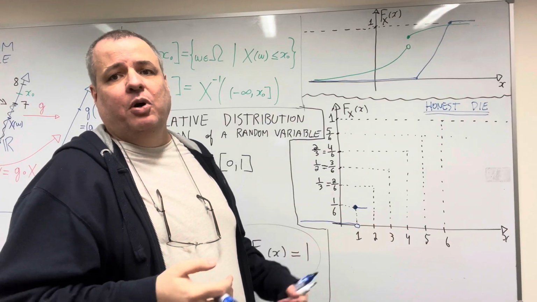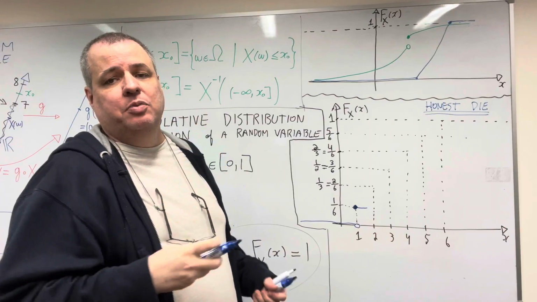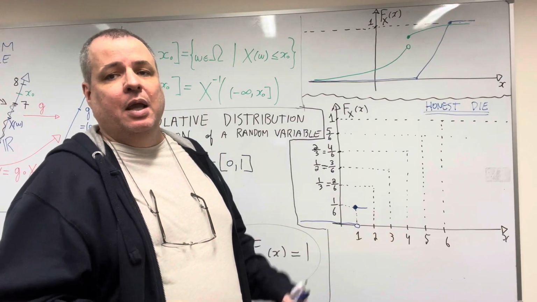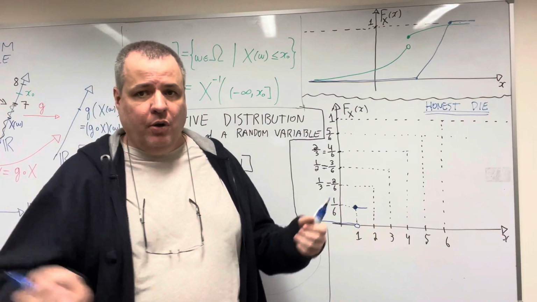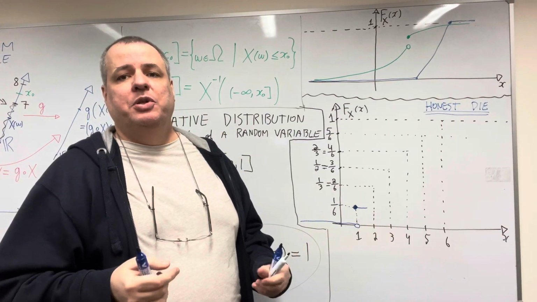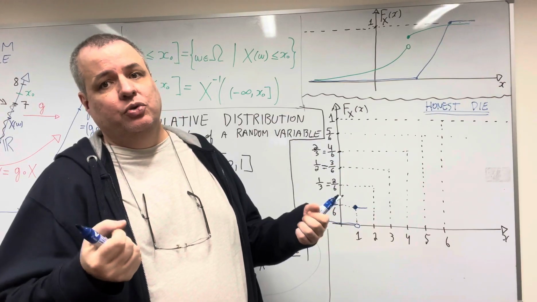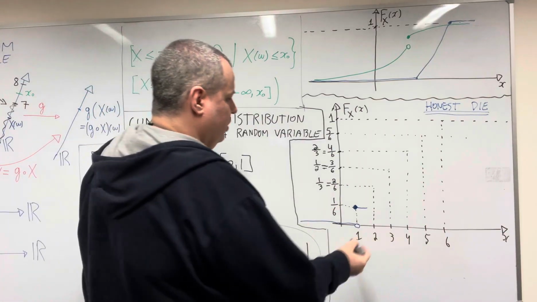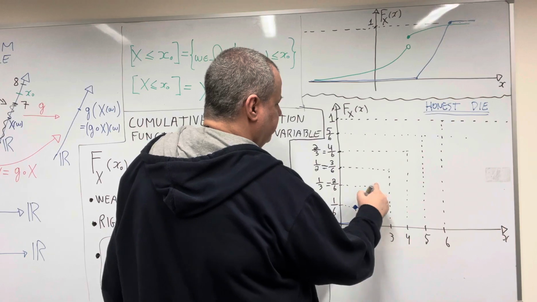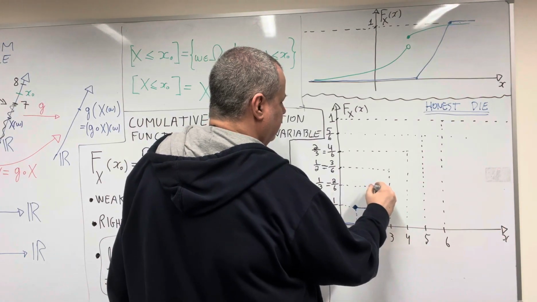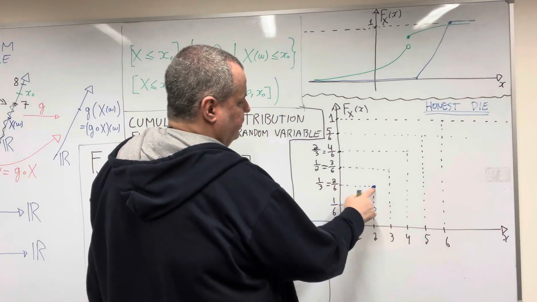The only possible outcome smaller or equal to 1.99 is 1, so the probability is 1 over 6. On the other hand, what's the probability that the outcome is smaller or equal to 2? It could be 1, it could be 2, so you have 2 chances in 6. So at this point the function jumps from 1 over 6 to 2 over 6.